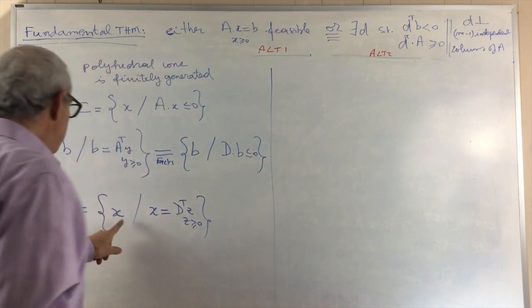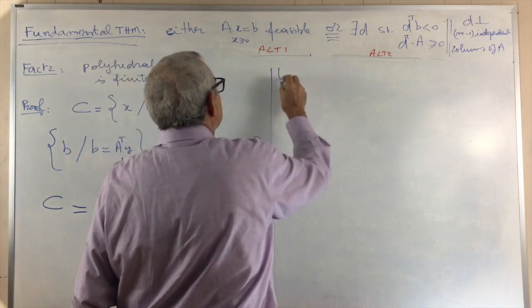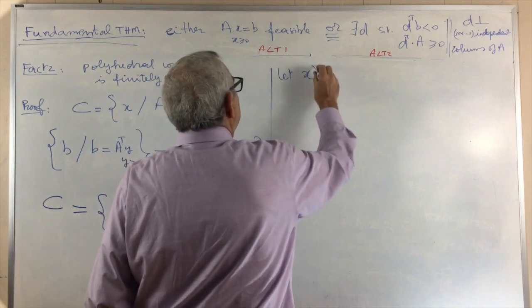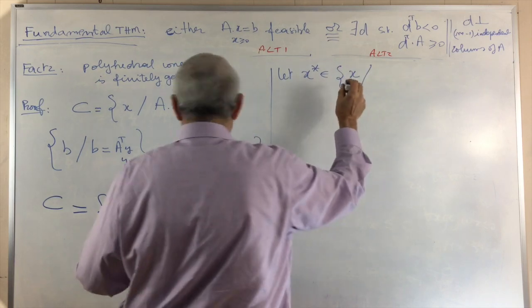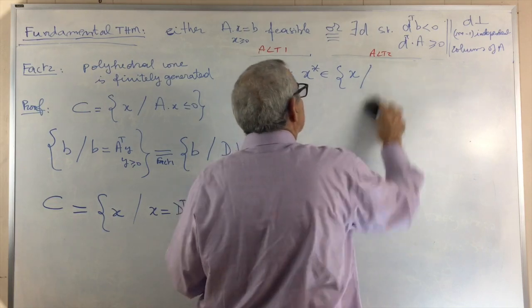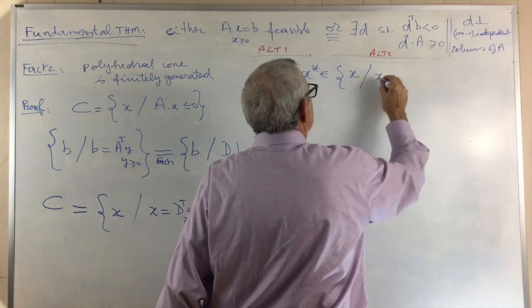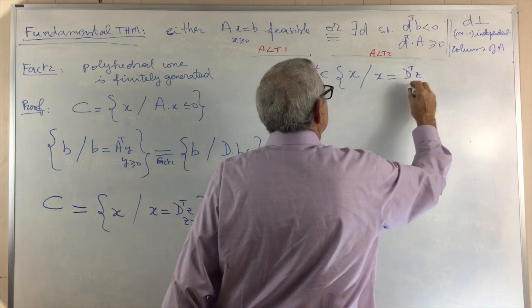Okay, so I'm going to show first that this set is contained in C. So let X star belong to the set of X such that X is equal to D transpose Z, Z greater or equal to 0.